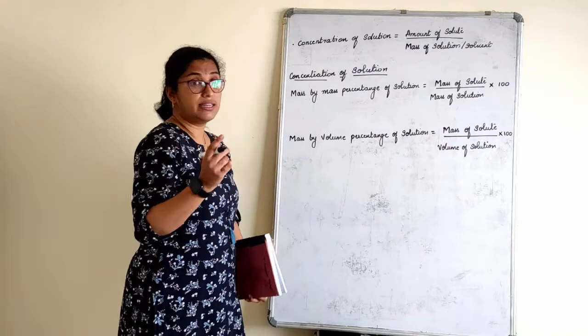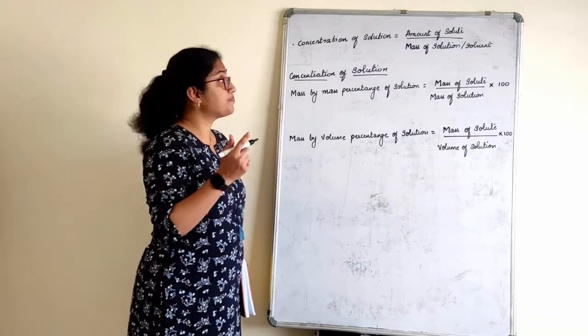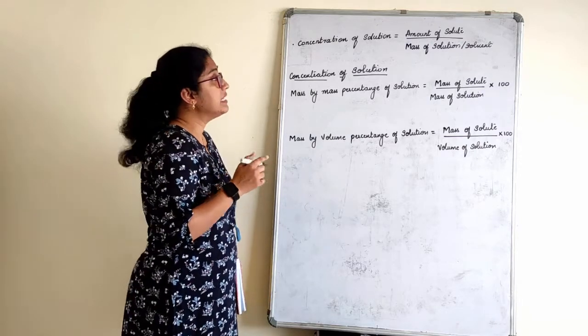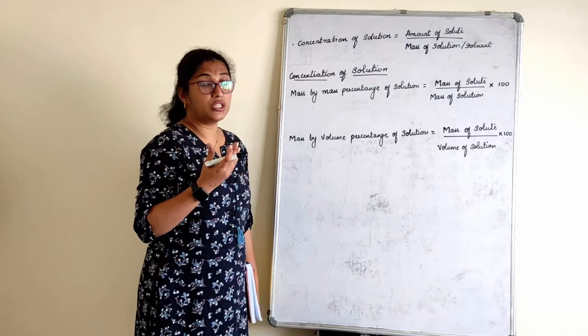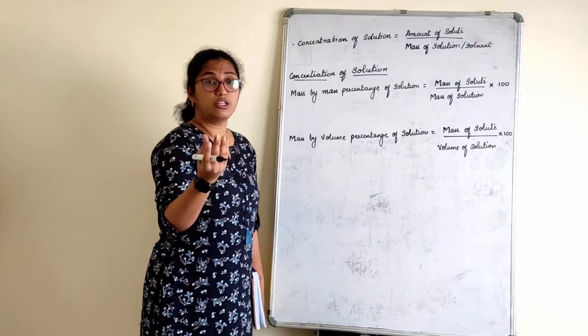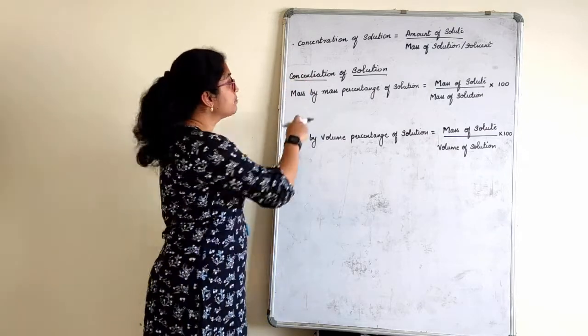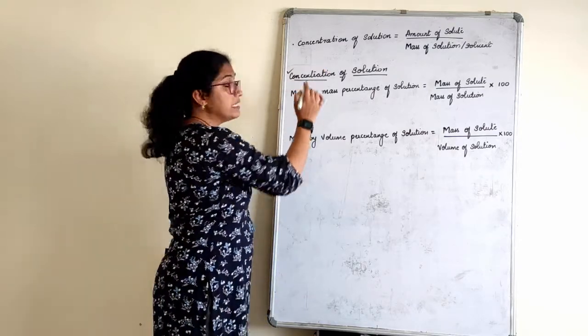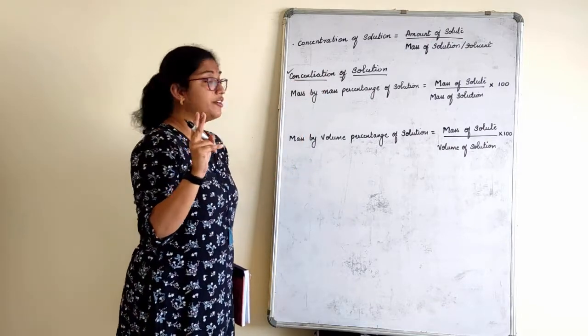I'll just recall Is Matter Around Us Pure in that chapter. Concentration of the solution, formulas I have just written, is nothing but amount of solute divided by mass of solution. Solution is nothing but solute plus solvent. Usually we go with this formula. Concentration of the solution is given by two different formulas.